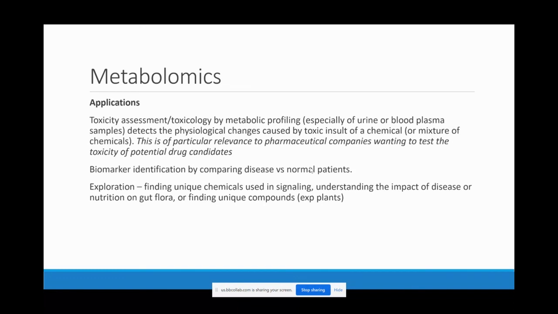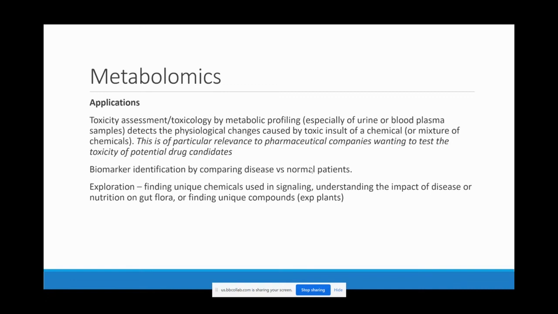Metabolomics also, because it is such a huge area of molecules you're looking at, gets used a lot for exploration too. So if you want to find something that is a unique chemical that's maybe used in signaling, or you want to understand something like the impact of disease or nutrition on your gut flora, that's just an example. You just want to explore what's happening.